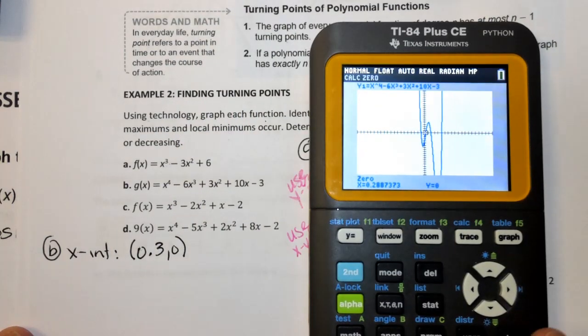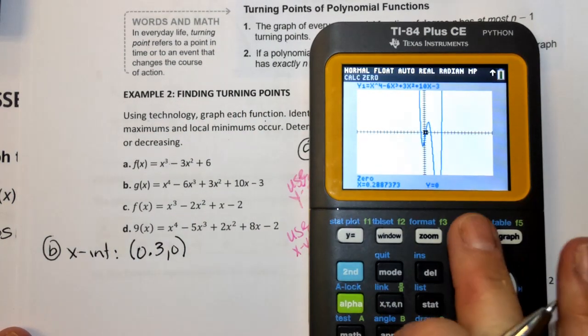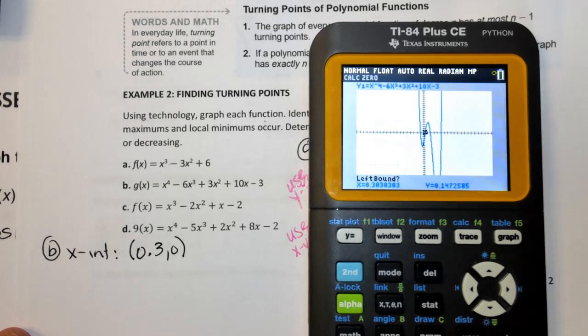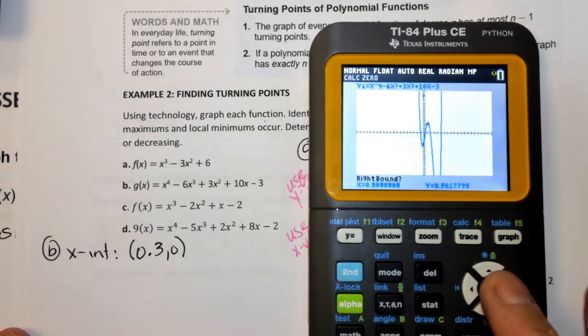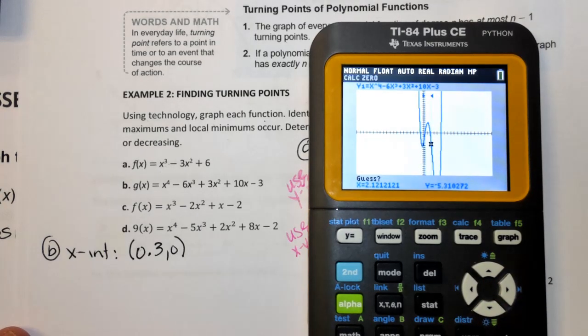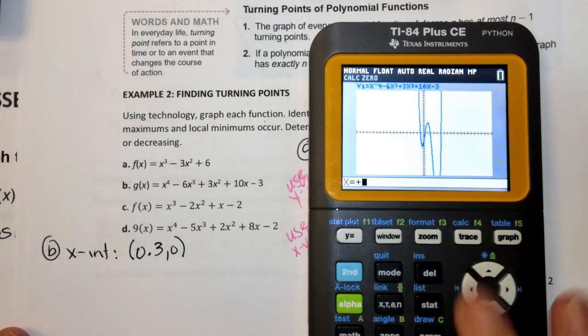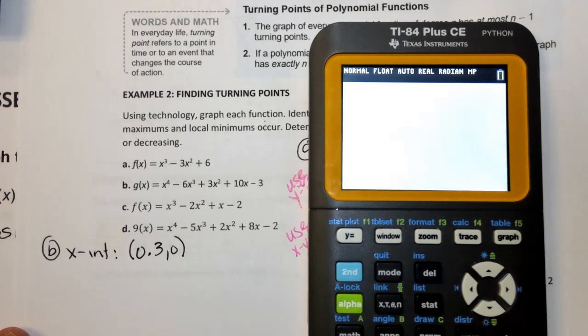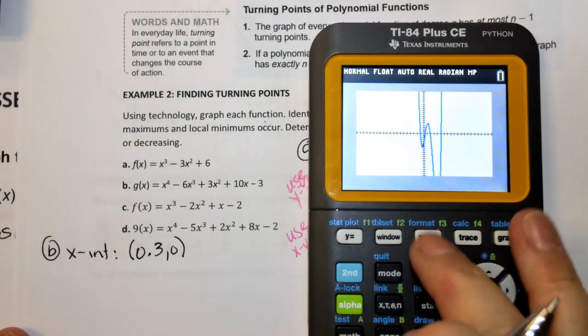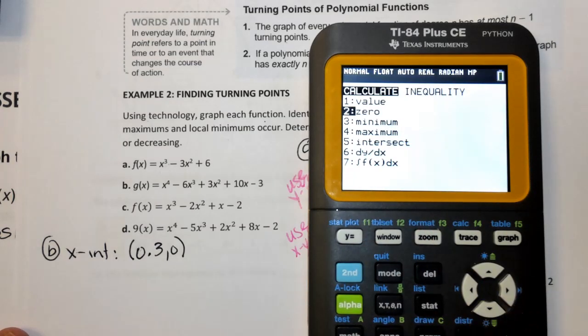All right, now we need to find another one. So we're going to do the same thing again. And we can do a starting left bound there. And then scroll to the right of it. That should be good there. Hit enter. And, oh, did not mean to hit that button. All right, got to do it again. I'm sorry, I hit the wrong button. All right, we want the 0.